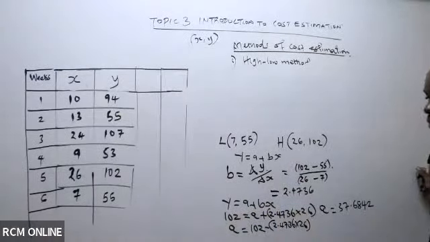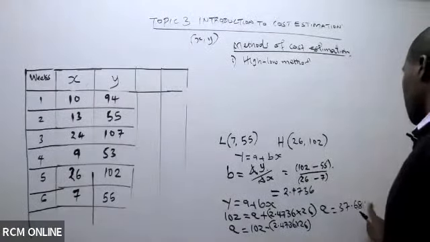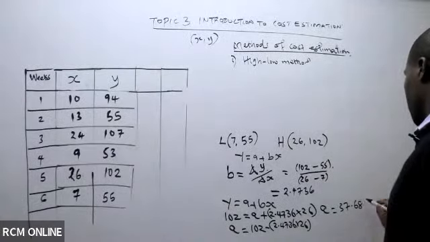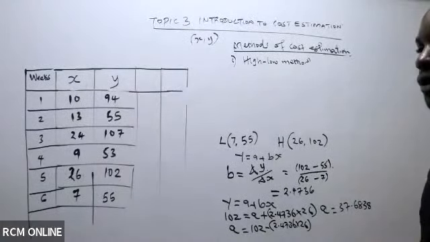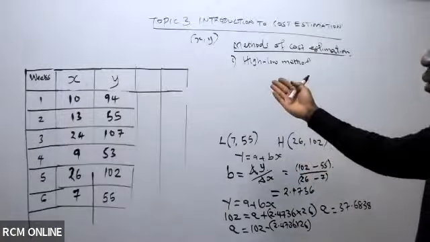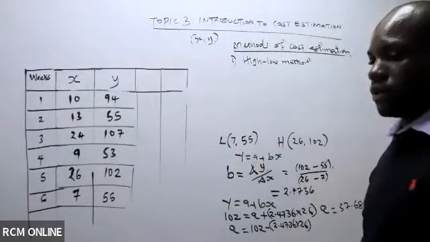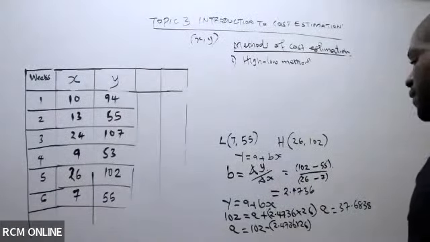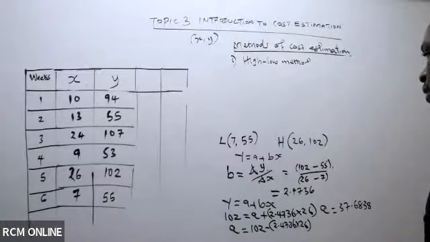What are you getting? 6838. Good. So that's what we are having now. Are we able to come up with a cost function? 4737.